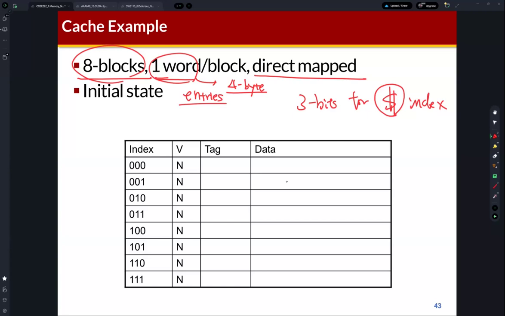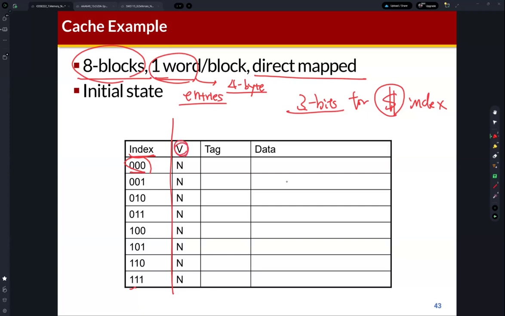Because this cache includes 8 blocks, we can use 3 bits as the cache index. You can find the cache indexes here: 000, 001, up to 111. The cache does not store the index part, because we can access the corresponding cache entry using just the index. This is the address of the cache.